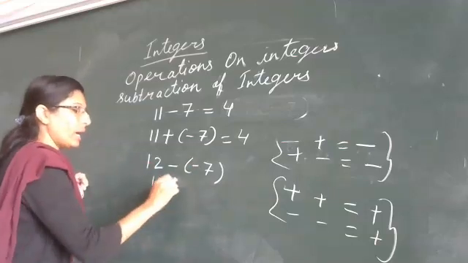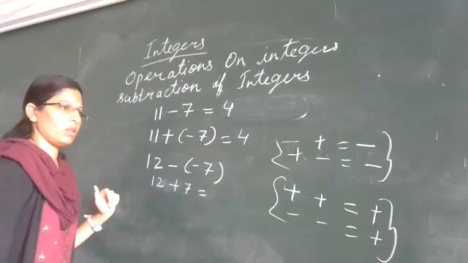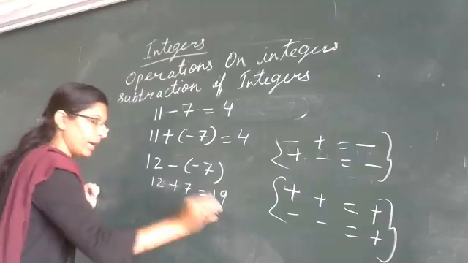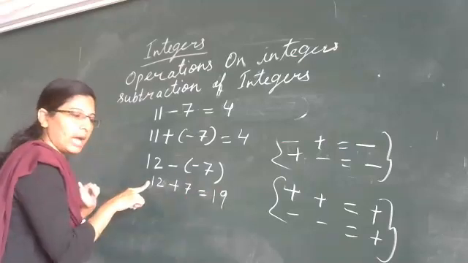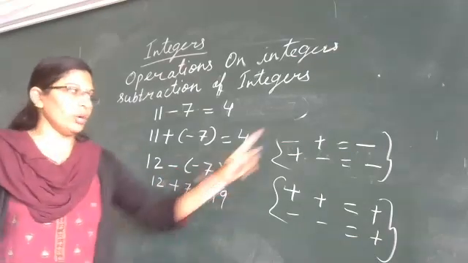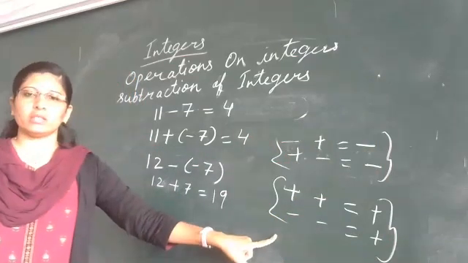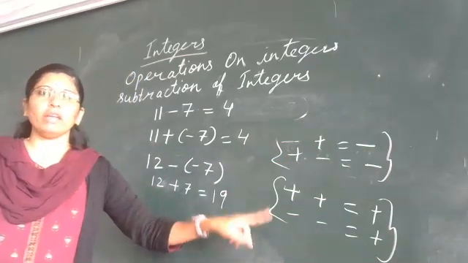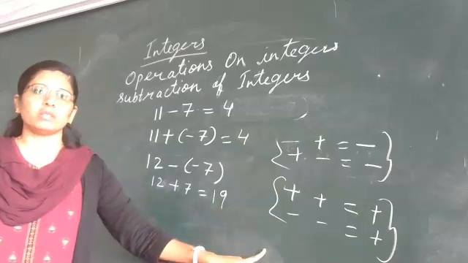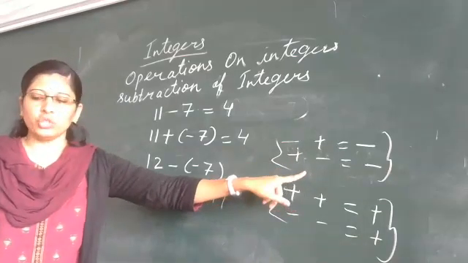So 12 plus 7, 12 plus 19. So the greater number is having plus sign, so the answer will come with plus sign. You have to remember this. This is important in integers. When you are simplifying the sums, you have to remember this. Understood now?